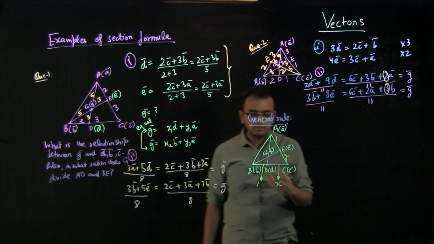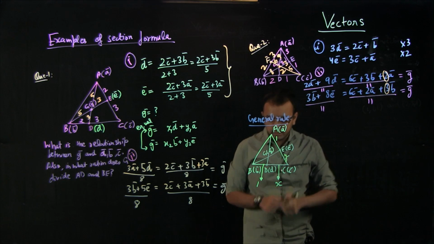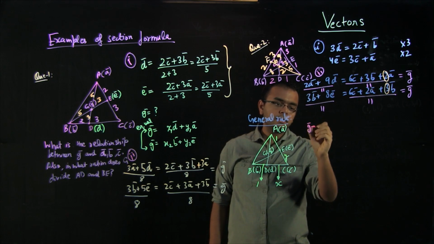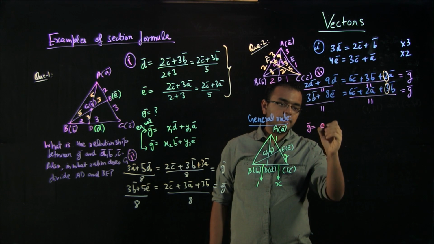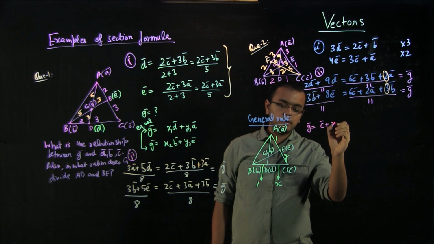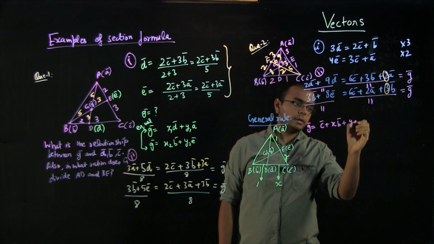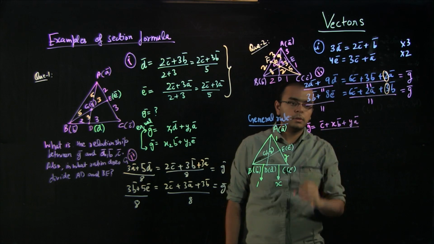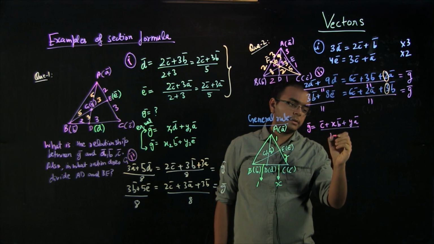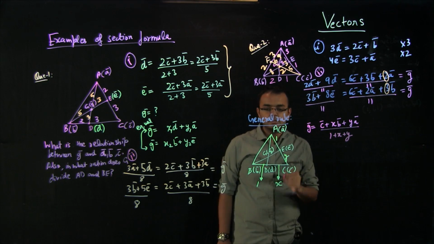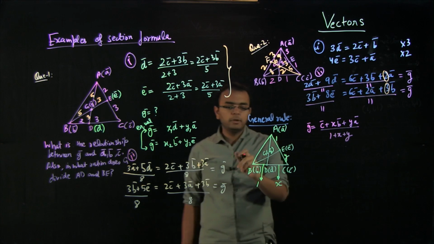I will talk about what I mean by that. Then I will write g vector directly as c vector plus xb vector plus ya vector by 1 plus x plus y.